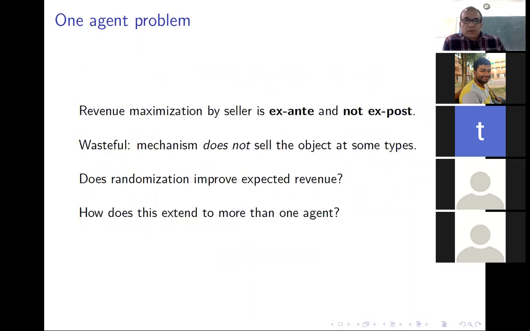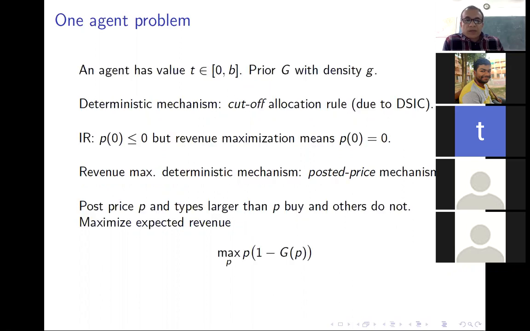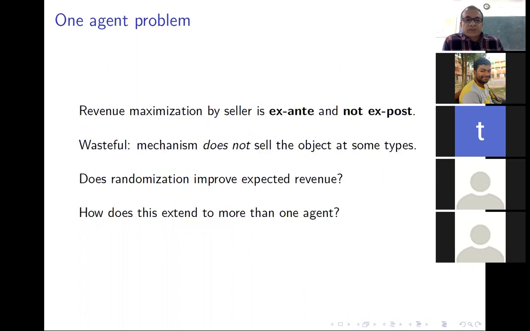So what I have not discussed in detail here, I kind of hand waved at it, is that I restricted attention to only deterministic mechanisms. So the question is, does randomization improve expected revenue? Can I do better by allocating only with certain probability to certain types?